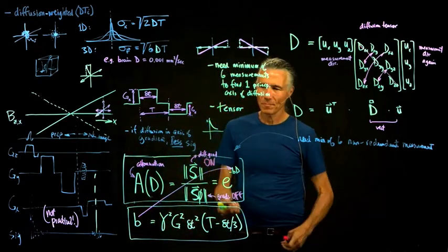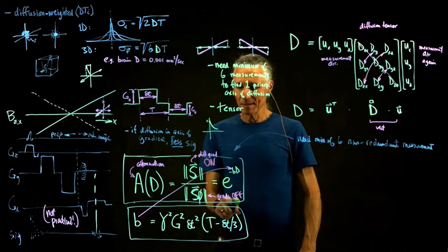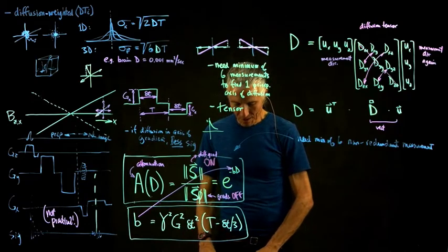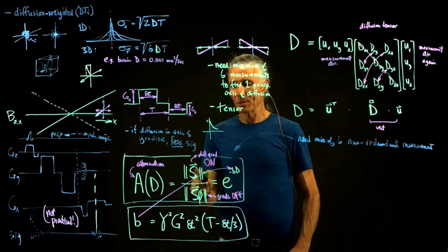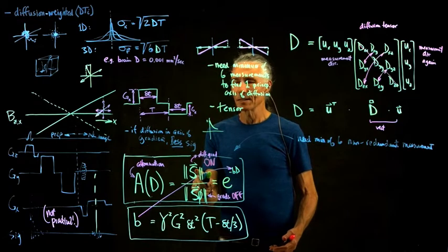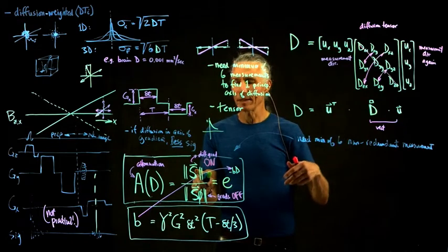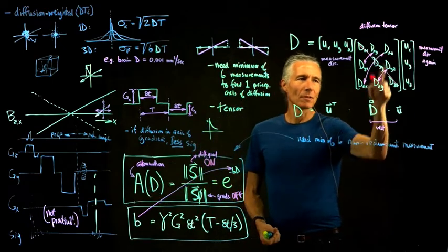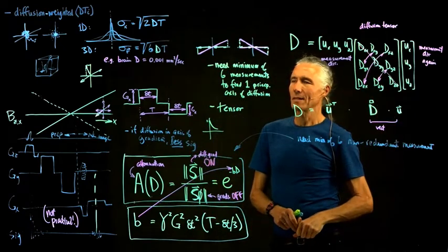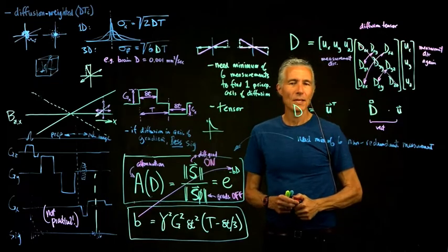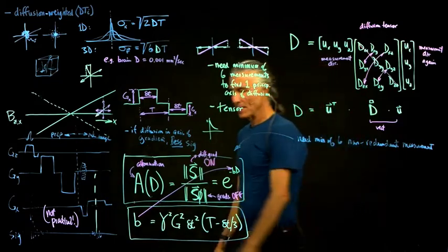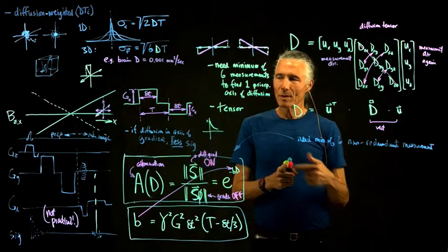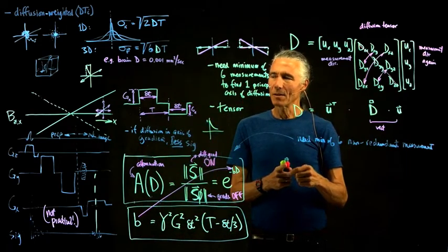So we measure with the gradients off just once, and then we do 6 separate images with different diffusion gradients, and then we'll have enough numbers to be able to insert them into this tensor. And that will basically tell us, in the XYZ coordinate system, which way the diffusion is going.